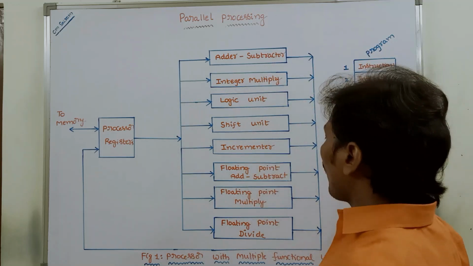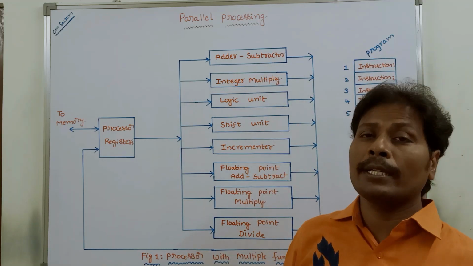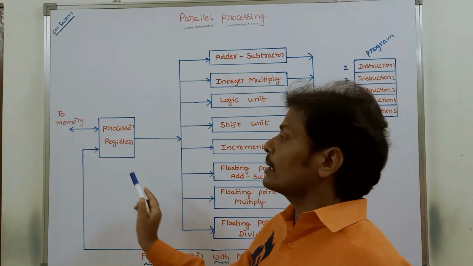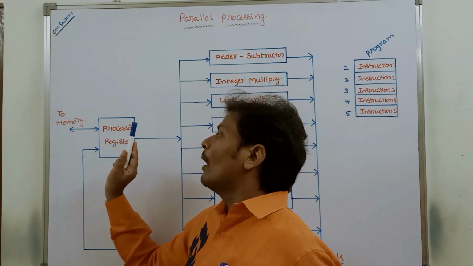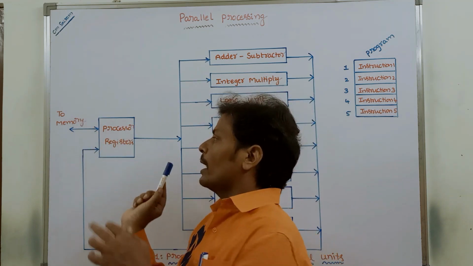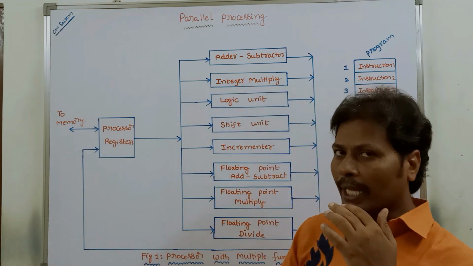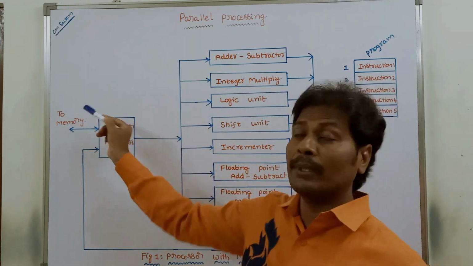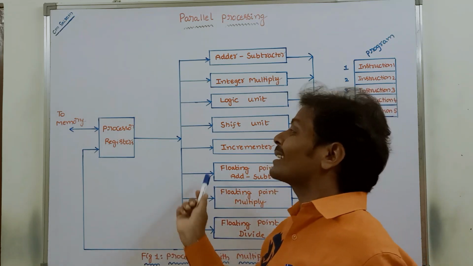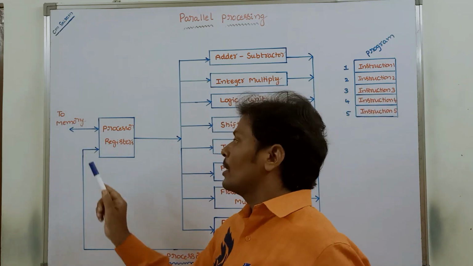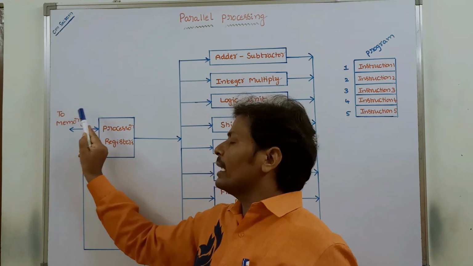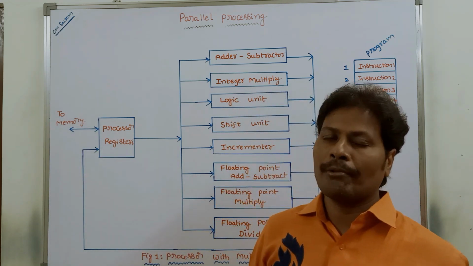After performing the operation, whatever result we get is stored in the memory. So here we have to use a bidirectional path. We are taking the instructions from the memory, and we are storing the result into the memory, so the memory connection carries bidirectional signals.